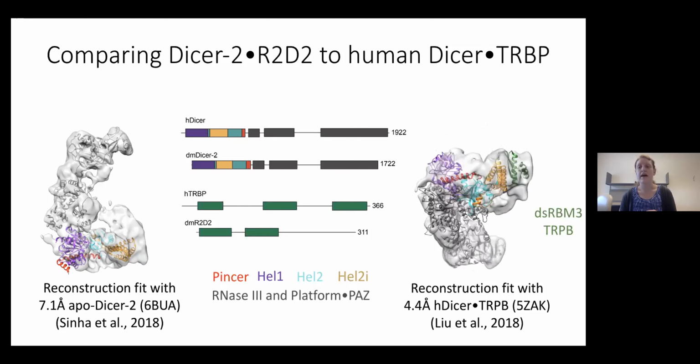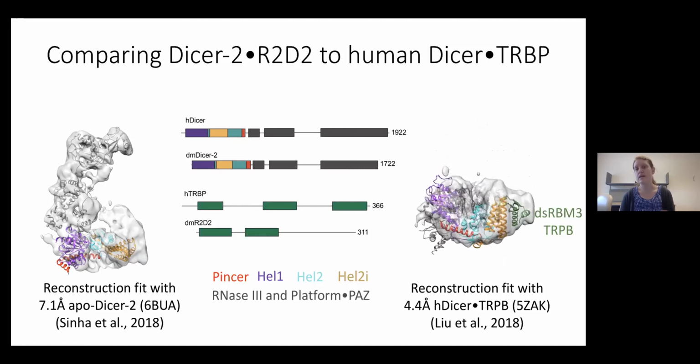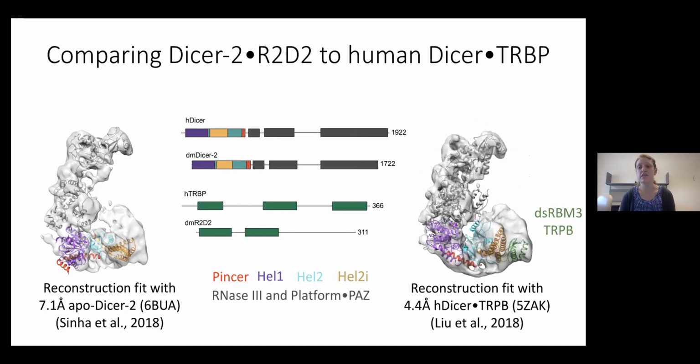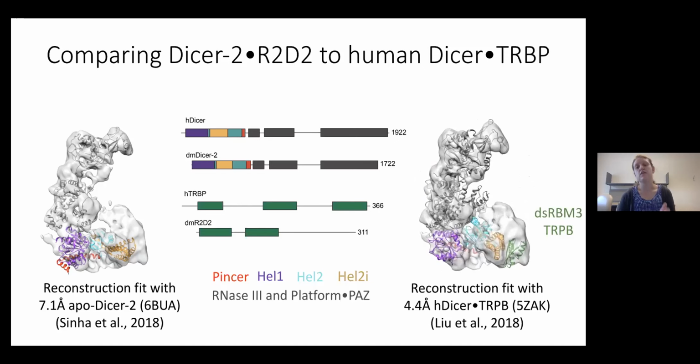I will note that there is still extra density that's not being taken into account by either protein, but the authors of the human Dicer-TRBP structure were only able to reconstruct the third double-stranded RNA binding motif of TRBP because of the flexibility of the protein. So it's possible that I'm seeing more of R2D2 than they saw of TRBP, but my reconstruction is still low resolution, so potentially with higher resolution information, we'll be able to better understand what that extra density that I'm currently seeing actually entails.